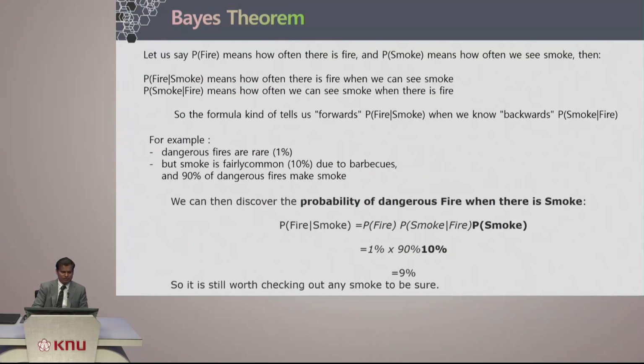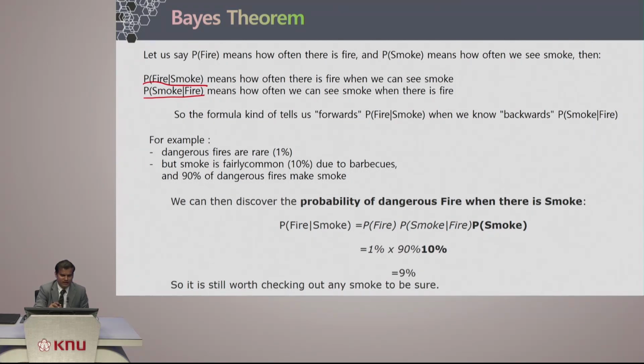Here is one example. Let us say probability of fire means how often there is a fire, and probability of smoke means how often we see smoke. Probability of fire given smoke means how often there is fire when we see smoke, and probability of smoke given fire means how often we see smoke when there is a fire.